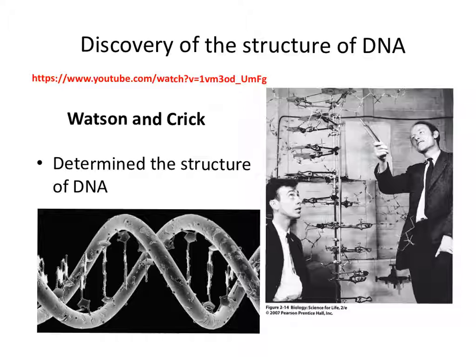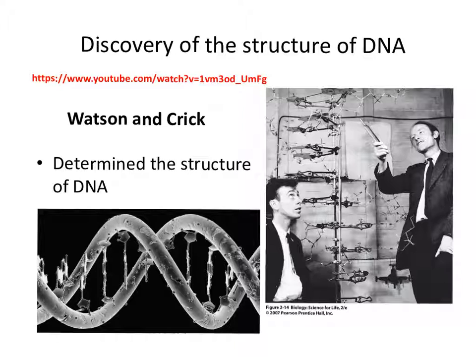And so in 1953, Francis Crick and James Watson, who were at Oxford, had an advisor who told them what to do and what they should focus on, and they ignored him. And they wanted to do something important, and so they decided to try to discover the structure of DNA.